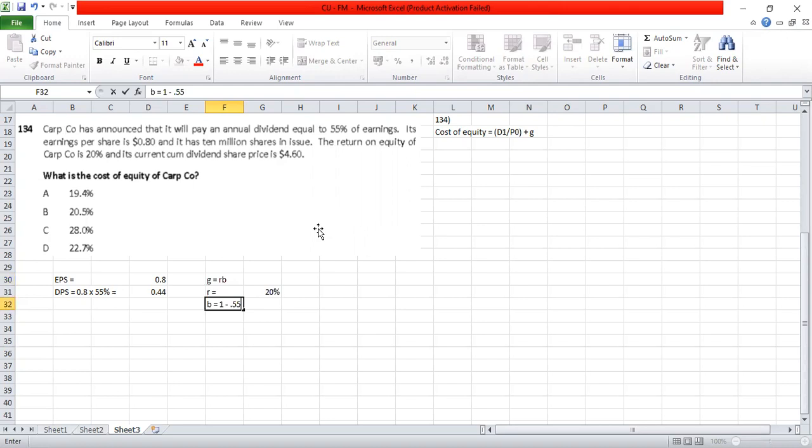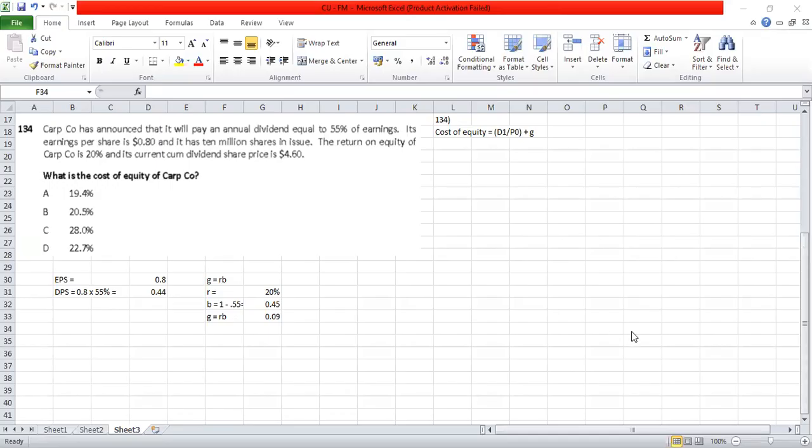So G is equal to R into B, we just multiply these two values, and we got it as 9%.